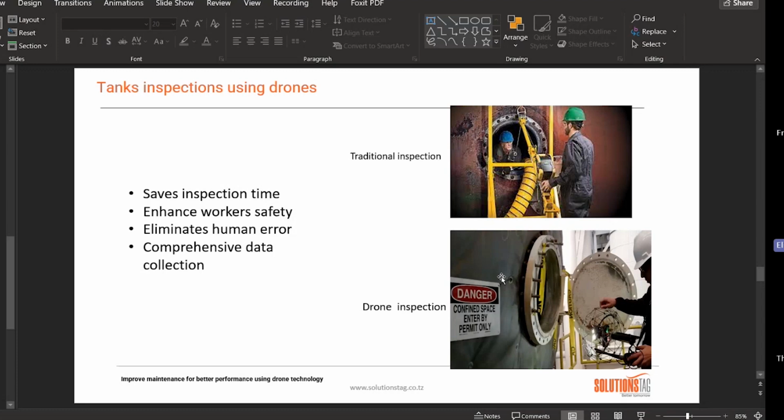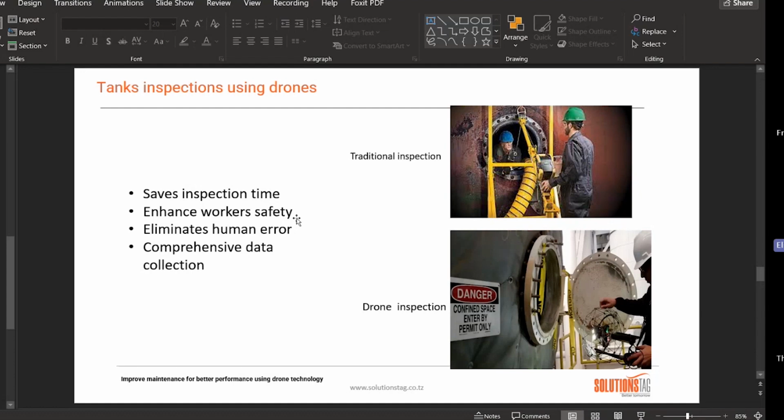The major advantage is that it saves inspection time, because when normal workers get inside the tanks, they have to substitute. After every minute, they have to come out and another one goes in to inspect. That is time consuming. But once a drone enters, it can cover a large area without any issues.